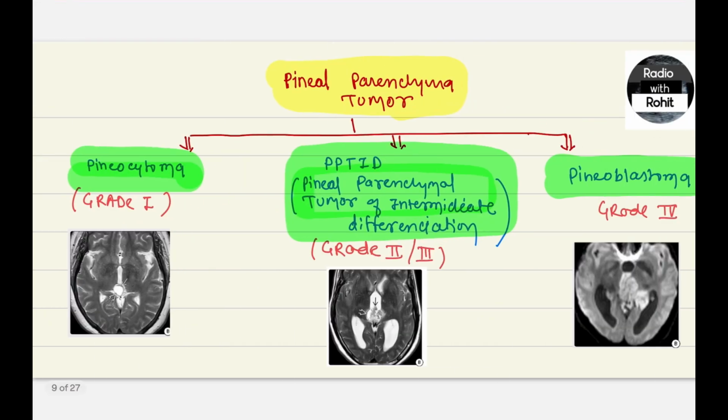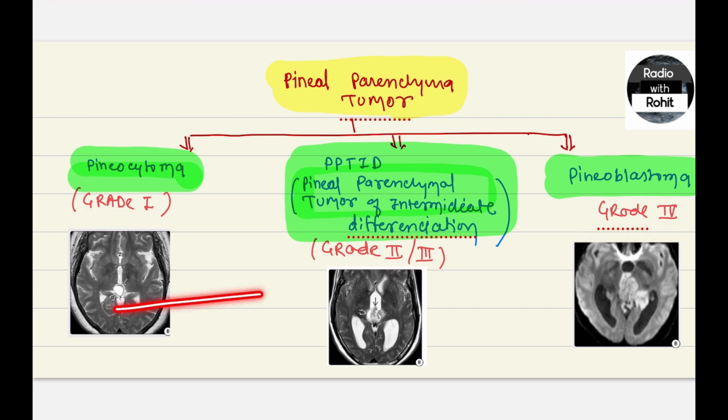First of all, we will discuss the pineal parenchymal tumor. These are divided into pineocytoma, pineal parenchymal tumor of intermediate differentiation, or PPTID, and pineoblastoma. These are WHO grade 1, WHO grade 2 to 3, and WHO grade 4.